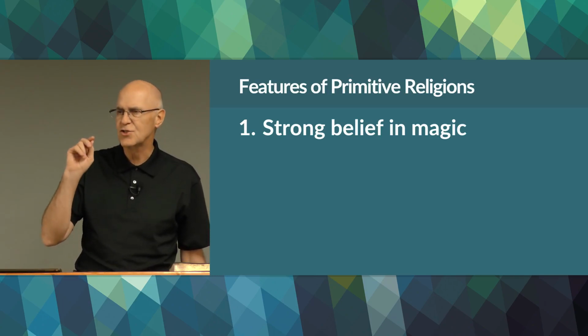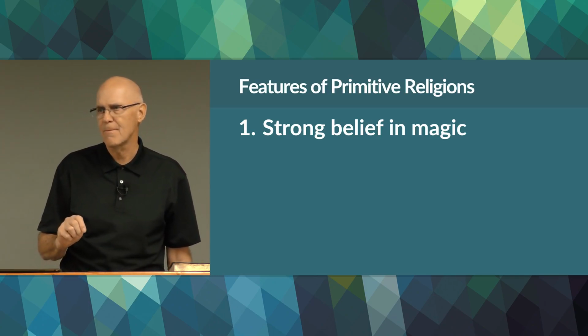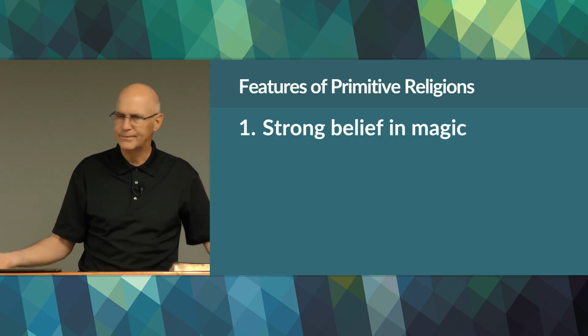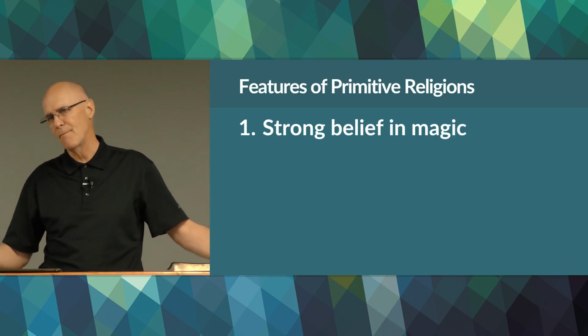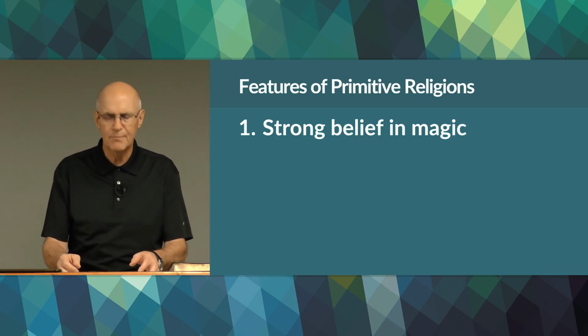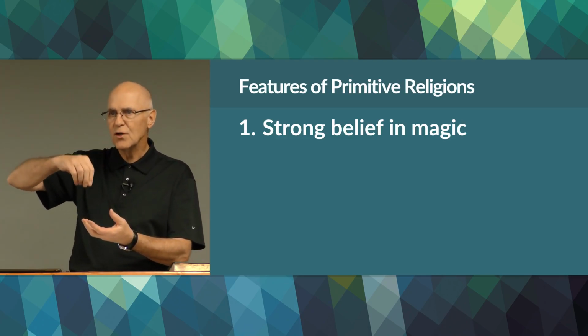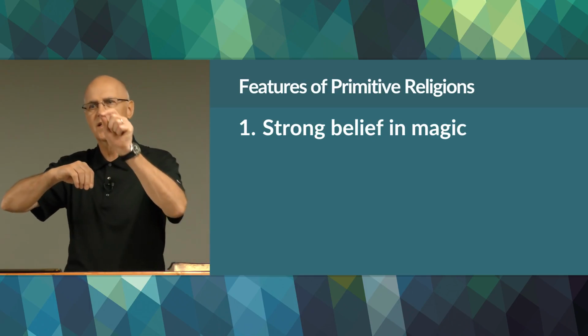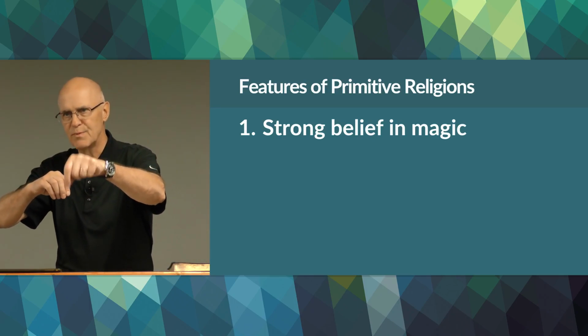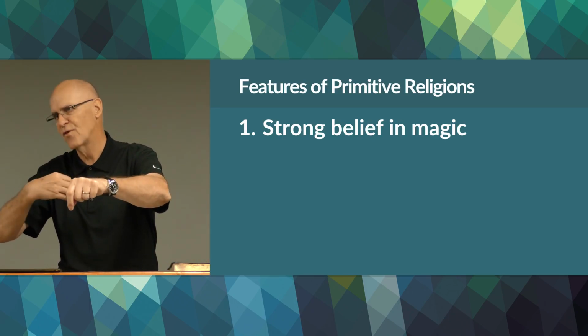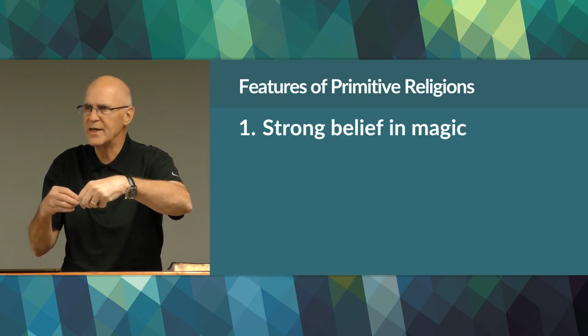First feature is a strong belief in magic. Now we could take a whole session to talk about magic, but the basic concept of magic is a person is doing something in the physical world which is affecting something that is taking place in the spiritual world, and usually for their benefit. That's the whole idea of magic.